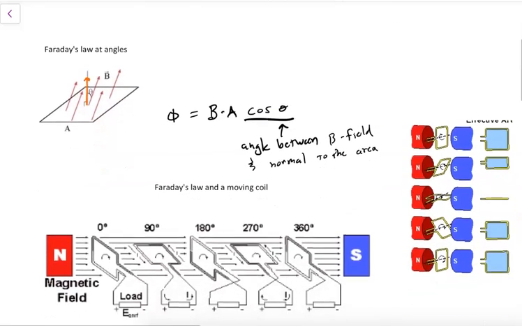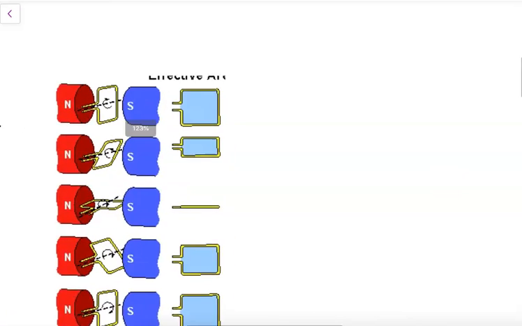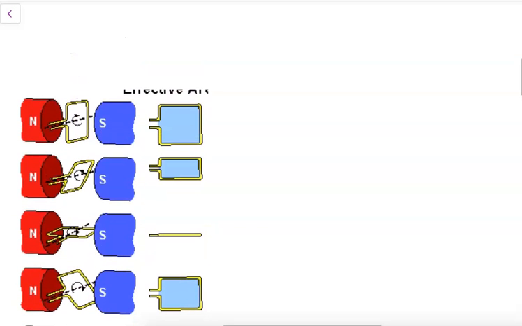And here's an example of the rotating coil, but I really want to go over here and look at how to identify the magnetic flux at each point. So let's look at the flux right here. This is equal to BA cosine theta, and where's our angle? Our angle is the angle between the perpendicular, the normal to the plane, and the field line.